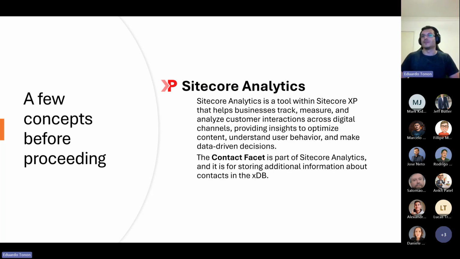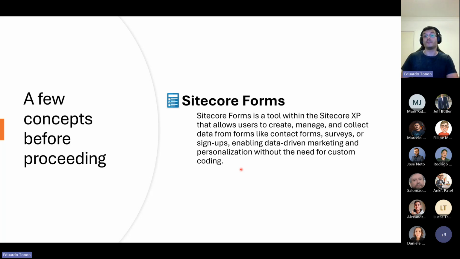Here on the slide, there is an explanation about what Sitecore Analytics is. And the main part here is the context facets. Let me take a laser to point. The context facets are part of Sitecore Analytics and store additional information about context in the XDB. This is where this model will focus, storing this data on XDB using context facets.